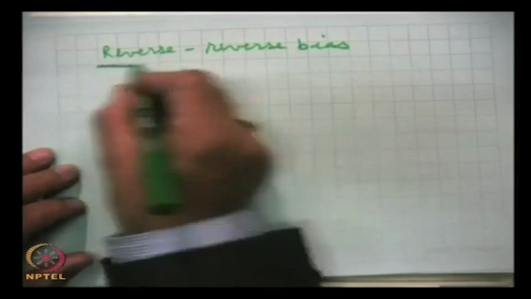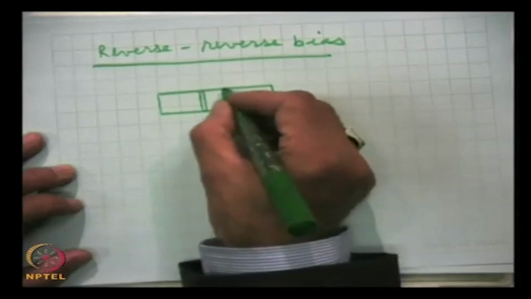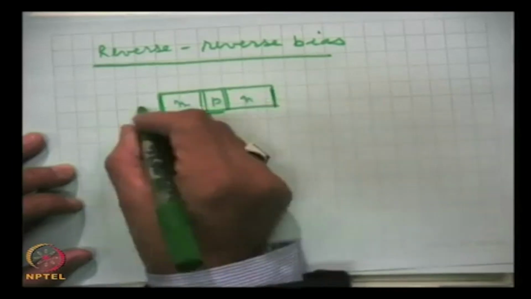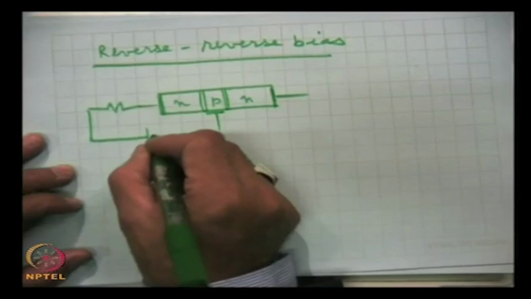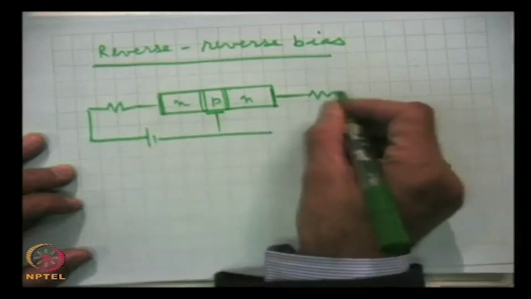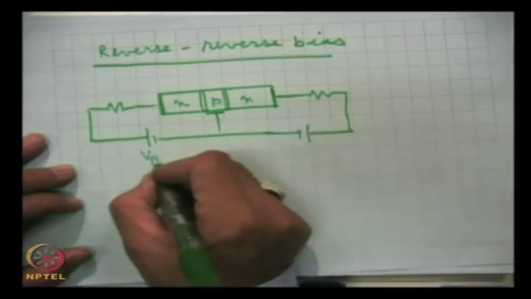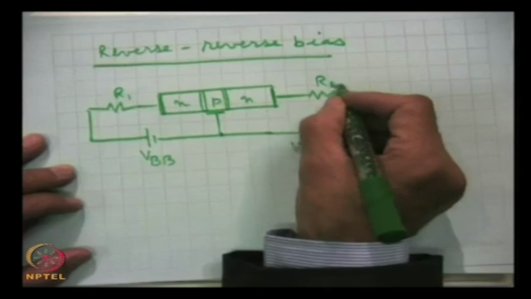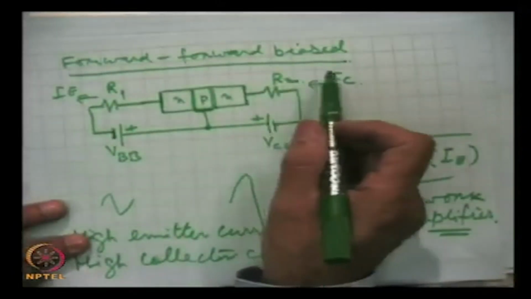Reverse bias. In fact, this point in forward bias we could have discussed by the potential energy diagram also.